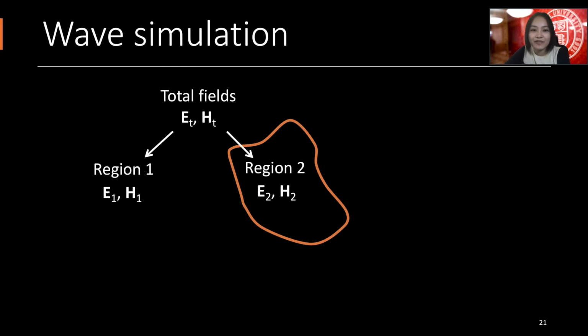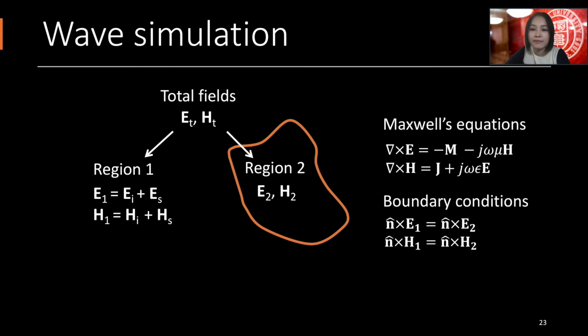The presence of the fiber divides the space into two regions, denoted as region 1 and 2 respectively. In region 1, which is free space in our problem, the total fields can be further written as the sum of the incident fields and scatter fields. These fields satisfy Maxwell's equations, and the tangential component of the fields need to be continuous on the boundary of the fiber for energy conservation.